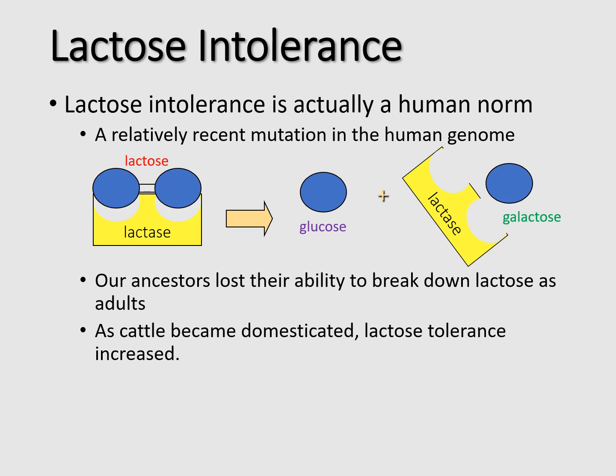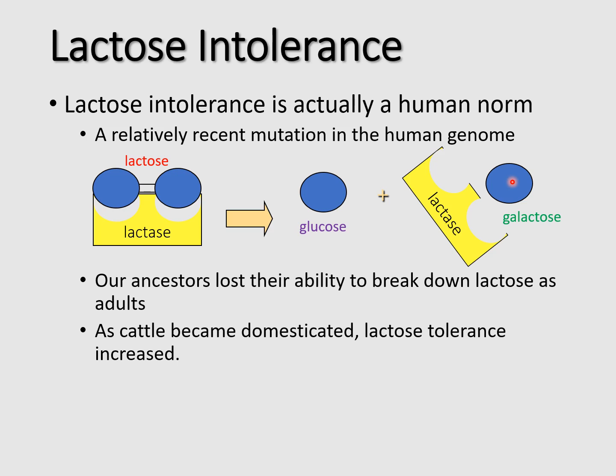But then once they're adults, they should become lactose intolerant. But it's really interesting because humans have developed a mutation in our genome that allows us to be lactose tolerant, meaning that we keep the enzyme around in our body to break down lactose. So if we look at our picture here, we have our lactose disaccharide, and lactase is the enzyme that breaks down lactose into glucose and galactose.